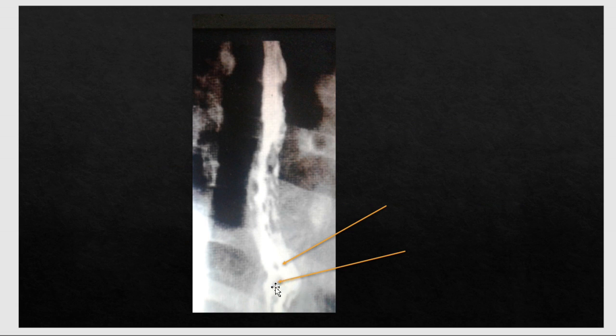And the varices look something like this. This is the esophagus. There are the ribs, the posterior part, and these dark spaces are esophageal varices, showing the presence of esophageal varices.